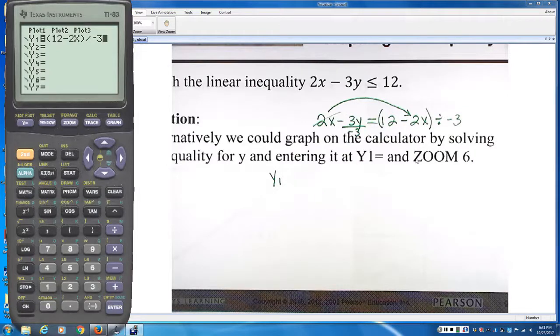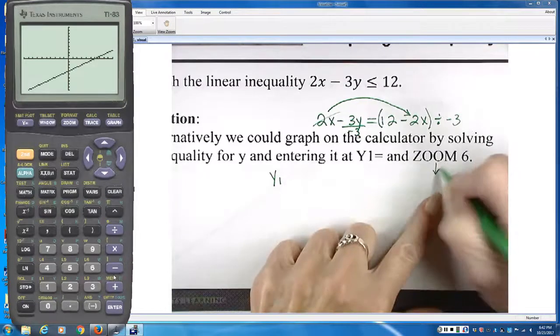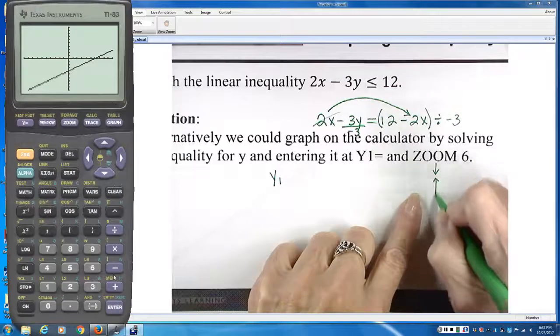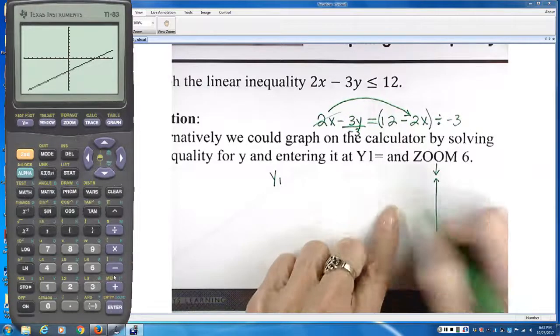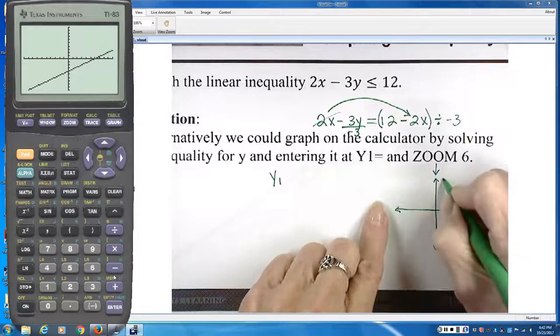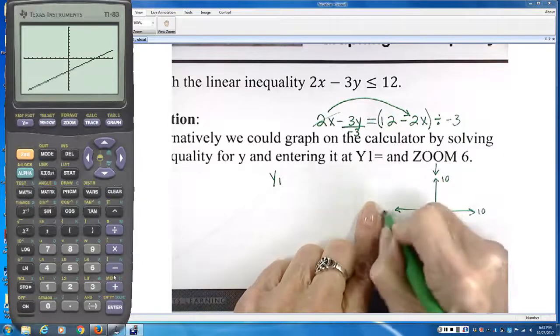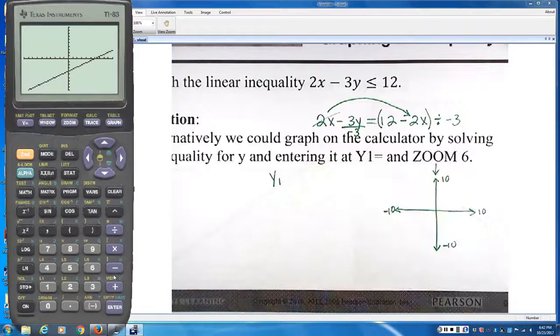And this says press zoom 6. The reason that you press zoom 6 is zoom 6 always takes you to a graph grid that looks like this. It always graphs on that window.